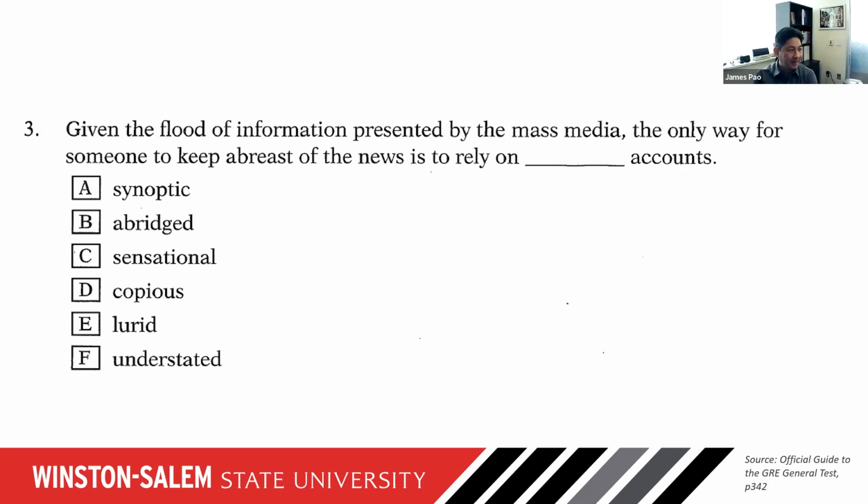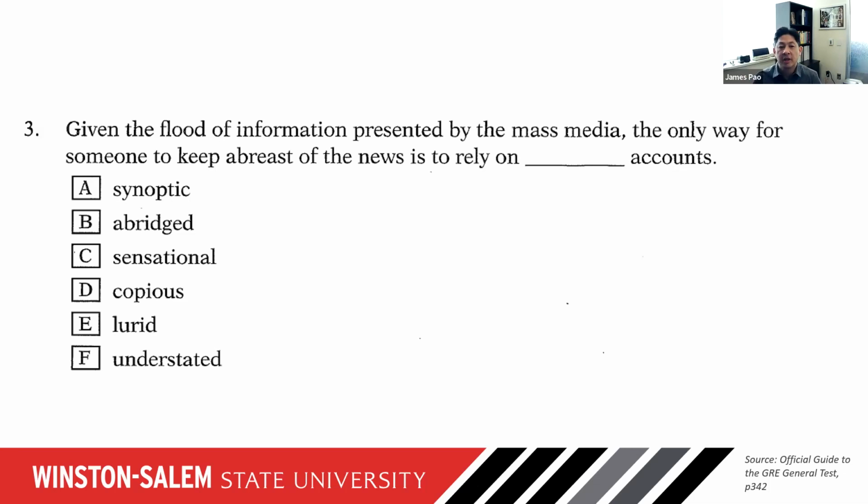Again, I go back to the first thing I ever told you all, which is always make sure you understand the text. Meaning is everything. So what is the meaning of this passage? Given, meaning because we have this already existing thing, which is this flood, meaning too much.